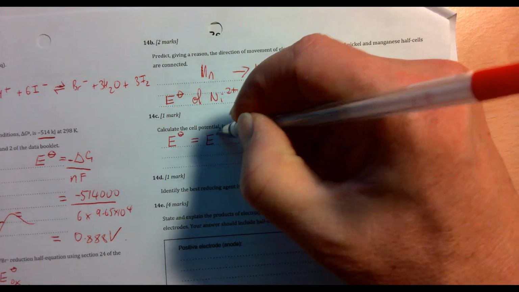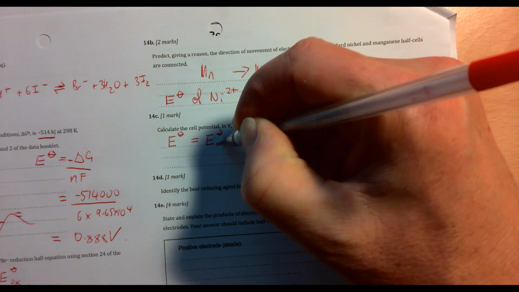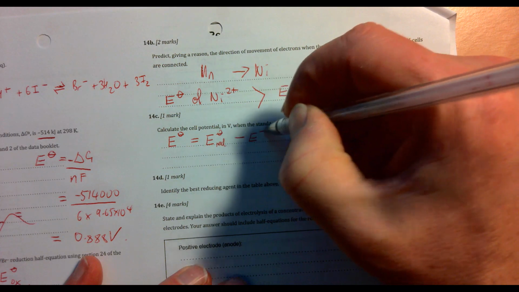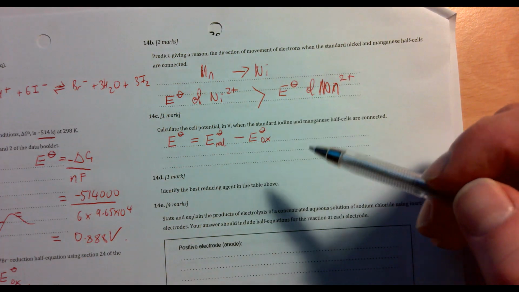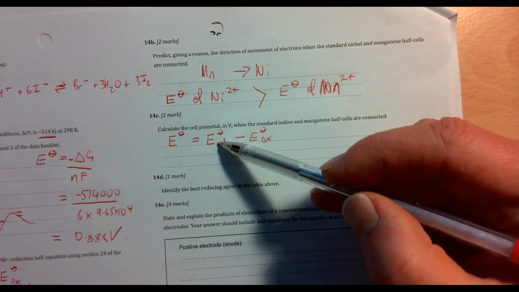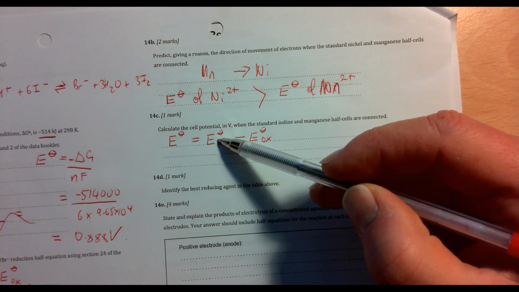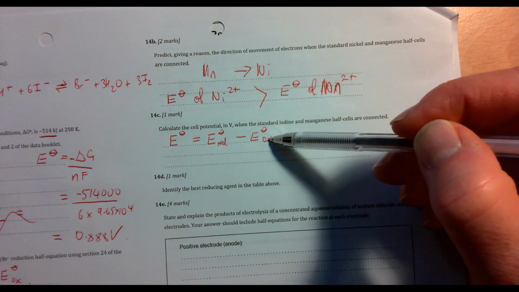The E standard for the one that's reduced, take away the E standard for the one that's oxidized. I just double checked that so I didn't make a Charlie of myself. And that makes sense, doesn't it? Because the reduction is going in the forward direction, which matches how it is in the table, and the other one is the oxidation.